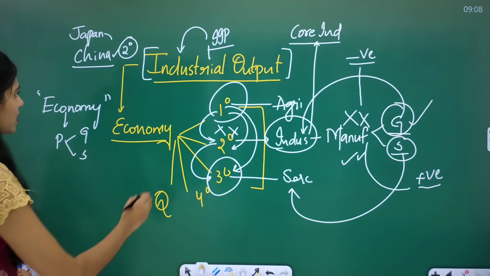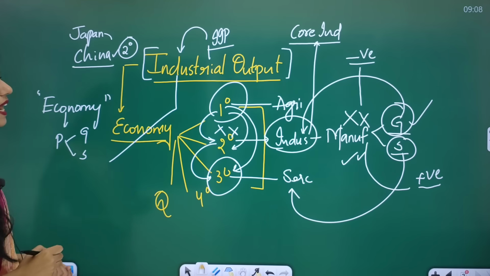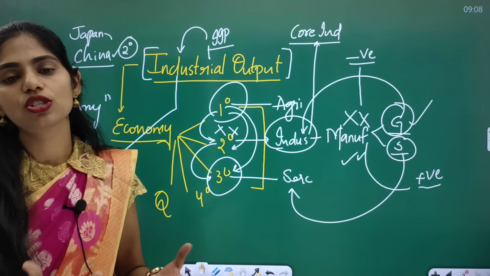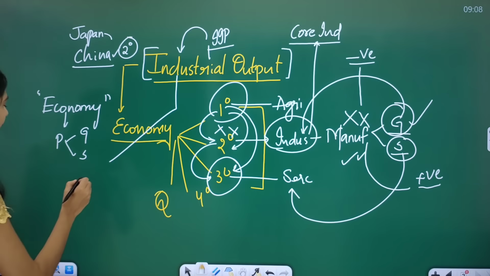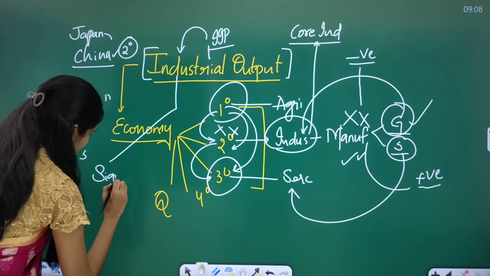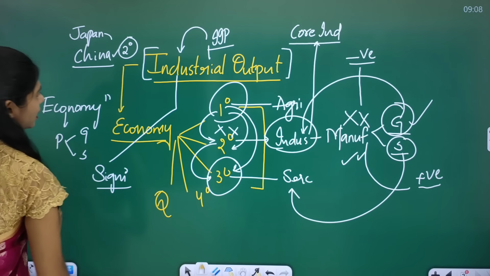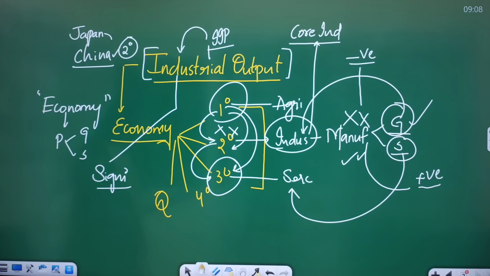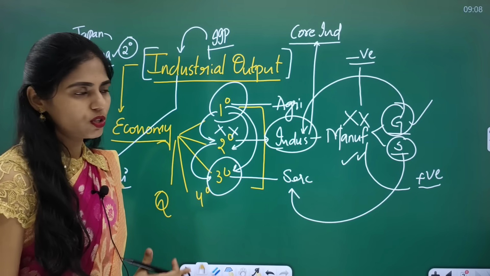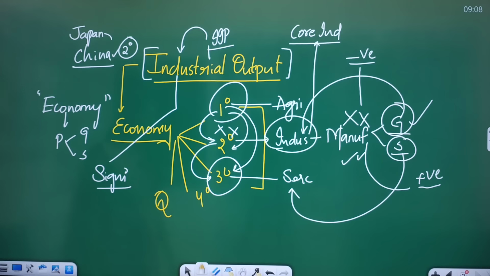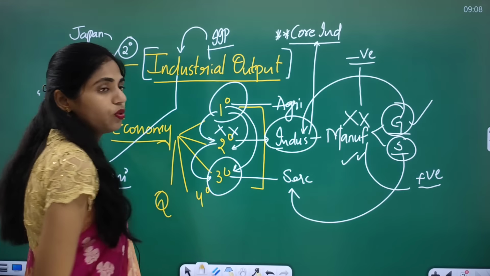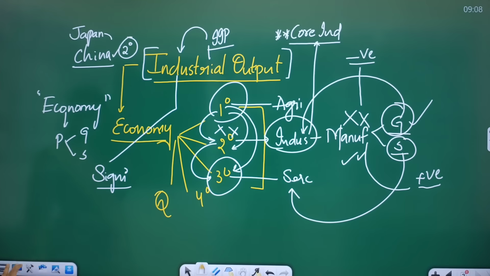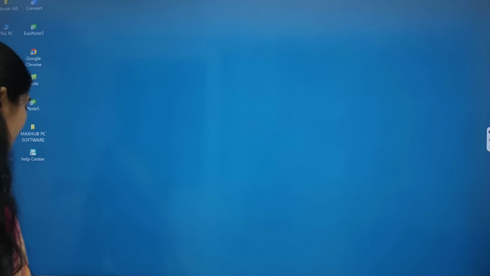You also have to understand why we are calculating how these industries are performing, why we are coming up with this index. That means you have to know its significance. What is the use of this index? All these things are very important, and you can even get prelims questions from core industries. Now let us see this article in detail.